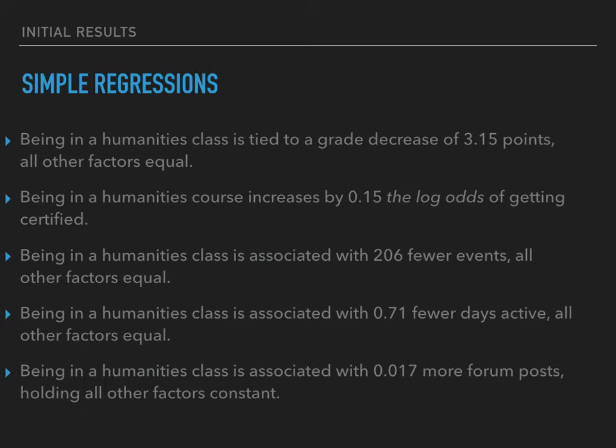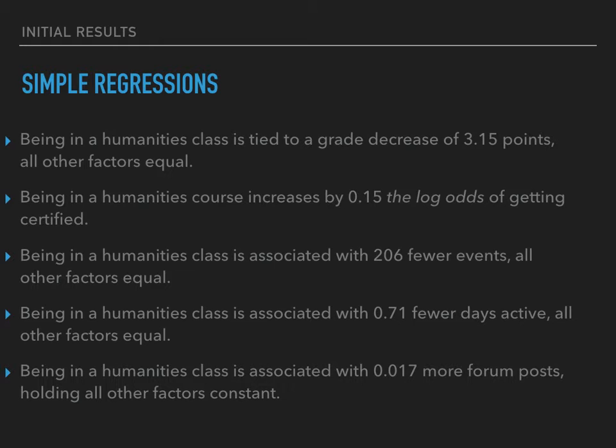Now, notice the verbiage there, the log odds. The reason for that is all the other regressions have been simple OLS regressions. But in this case, considering that the dependent variable was a binary categorical variable, we needed to do a logistic regression.